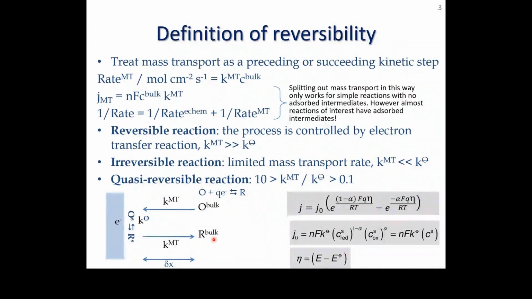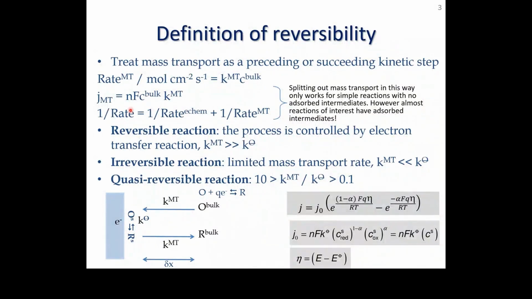And because these processes happen one after the other, we can deal with them by saying the overall rate is just equal to the inverse of the electrochemical rate, which is this process happening at the electrode surface, plus the mass transport rate, which is this process of transporting the species from the bulk to the surface and then transporting it away again.